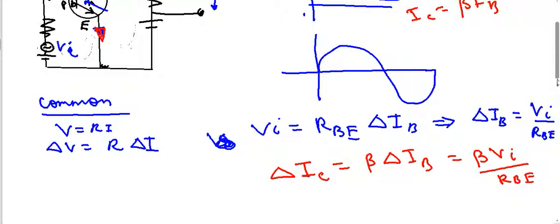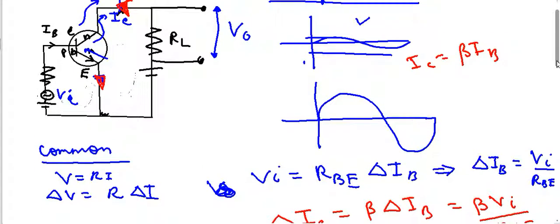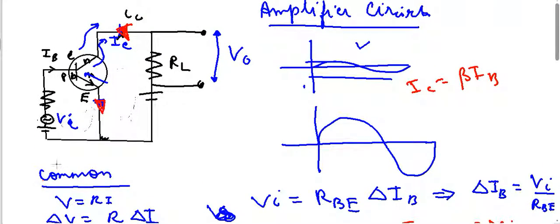Okay, and what will be the change in current, the change in IC? See here, IC is flowing through this, correct?